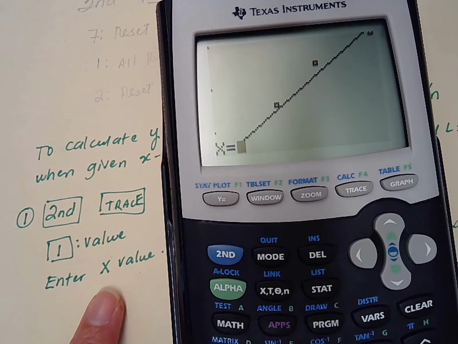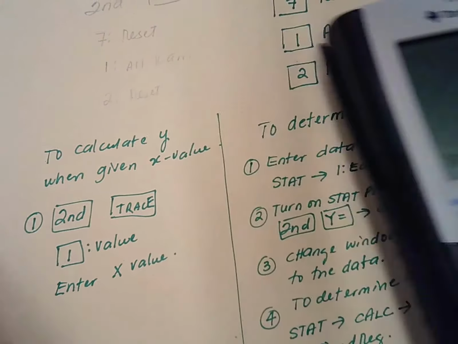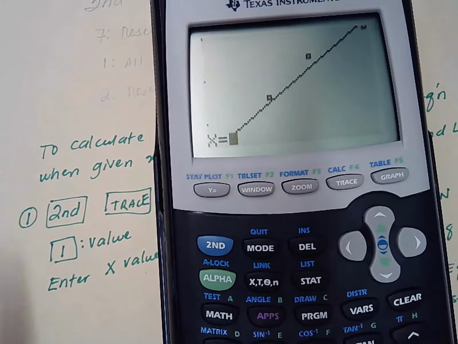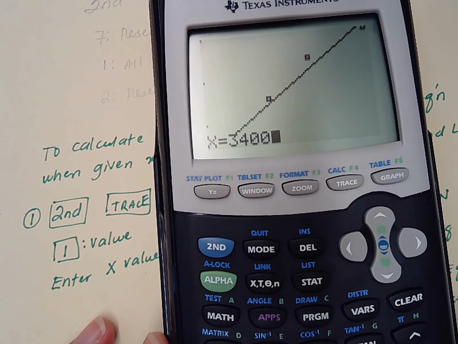Now what does it say? It has an X, and it's blinking. Why is it blinking? It's waiting for us to enter our X value. So what's our X value here? 3,400. Now press enter.